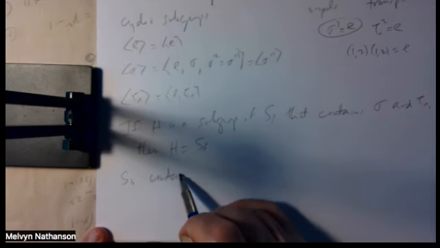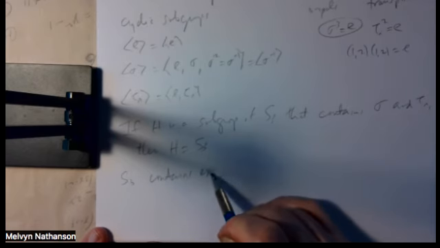So S3 contains exactly 5 subgroups. Sorry, exactly 6 subgroups. I have the identity, and I have the group itself, which is always a subgroup of itself.